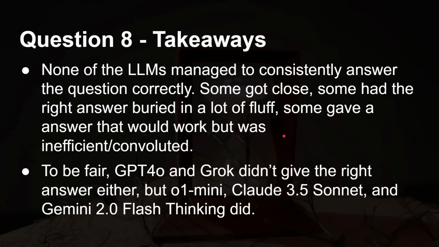But to be fair, GPT-4o and Grok don't give you the right answer for that either. Again, you need to go up to o1-mini. Claude 3.5 Sonnet and Gemini 2 Flash Thinking gave the right answer. But we are talking much bigger models running up in the cloud, and some of those didn't give you the right answer. So to be fair, that was to be expected.